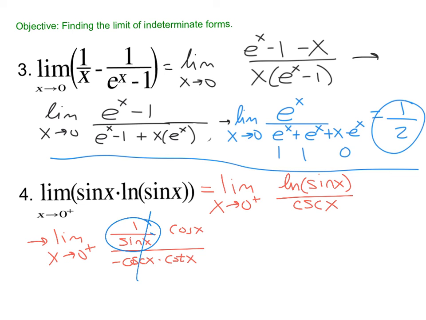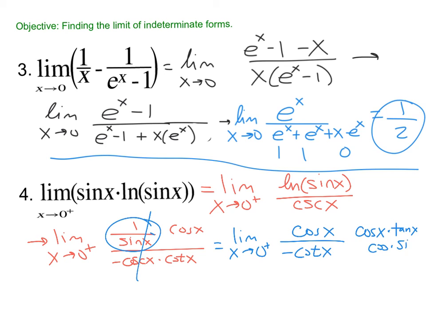Those cancel. So we have the limit as x approaches 0, cosine x over negative cotan x. That's cosine times tan, which is cosine times sine over cosine. So this is the limit as x approaches 0 from the right of negative sine x, which is just 0.